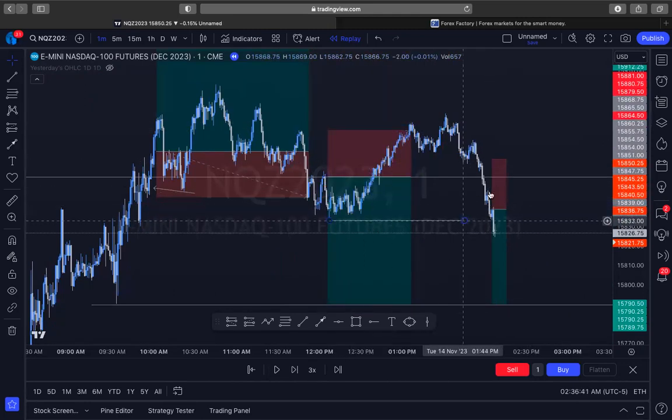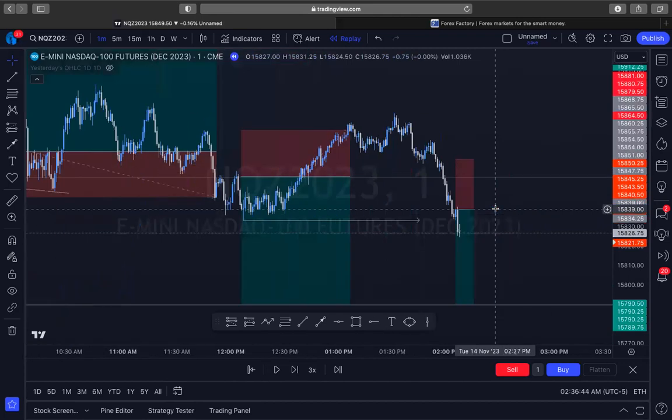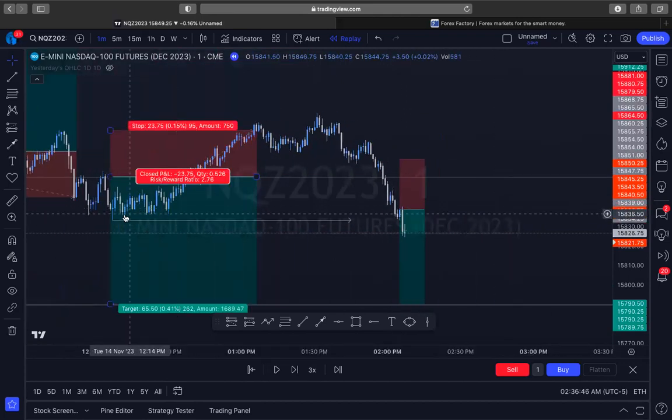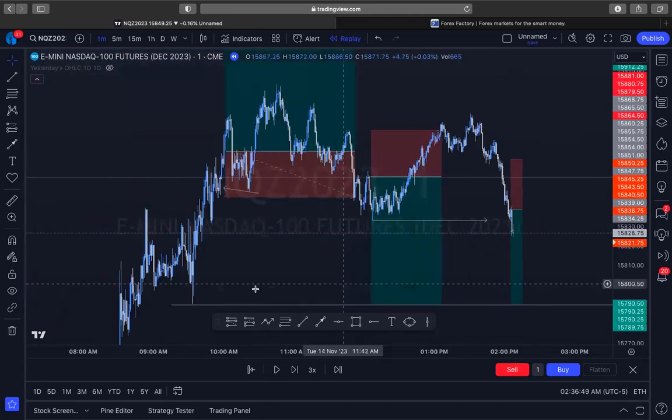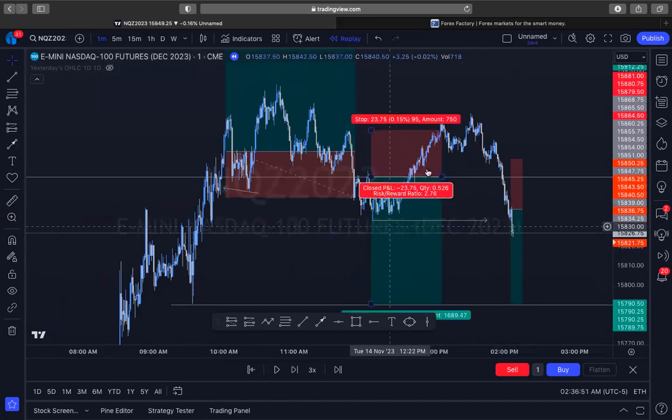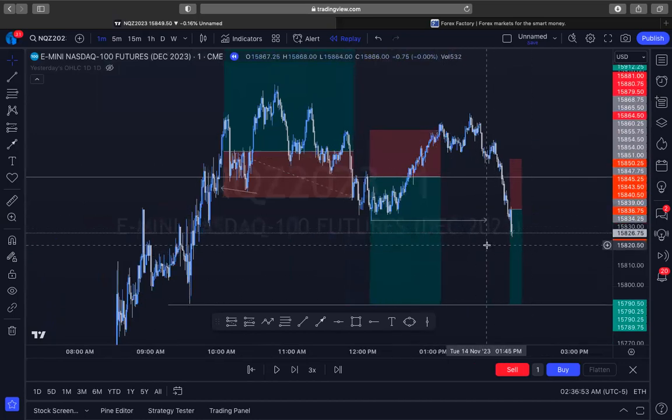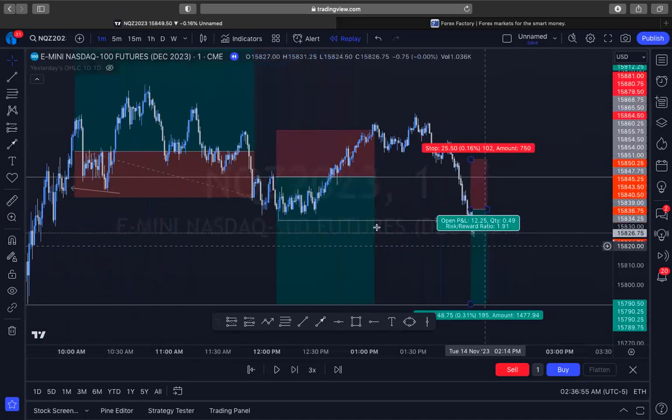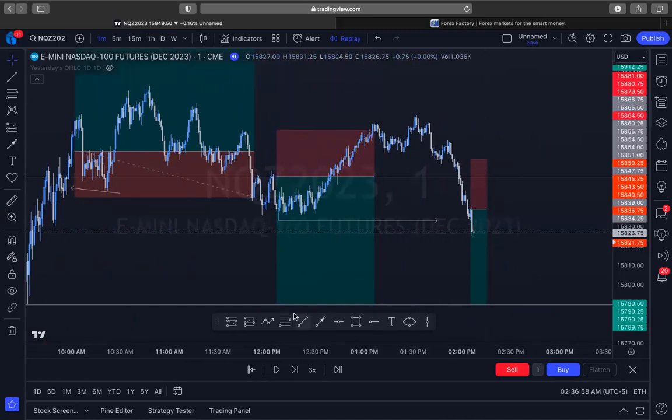But once it did this and it broke structure, I thought to myself, maybe because we finally broke structure, we're targeting these lower lows, and now we're going to have that sell that we were originally anticipating, that we just didn't get in the last trade.